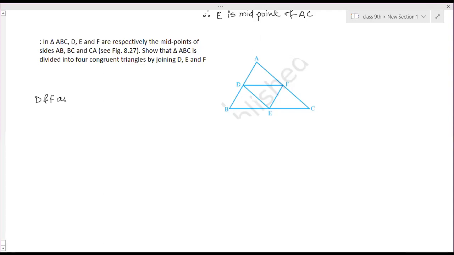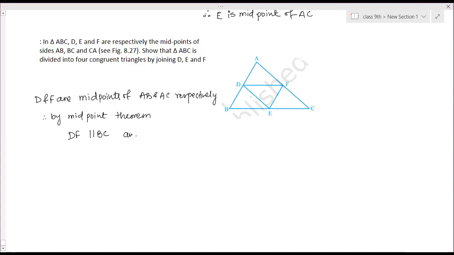D and F are midpoints of AB and AC respectively. Therefore, by midpoint theorem, DF is parallel to BC and DF is half of BC.